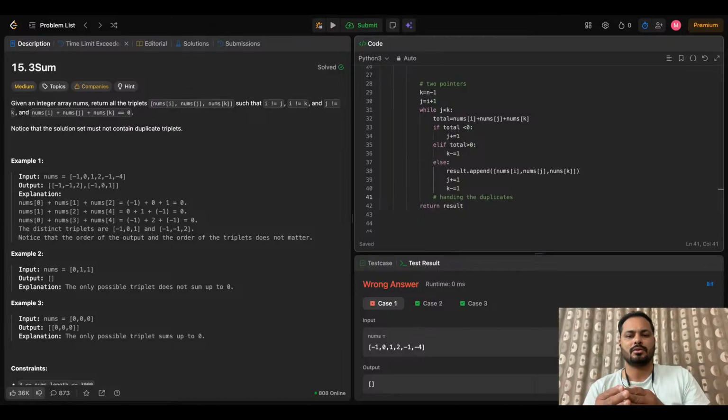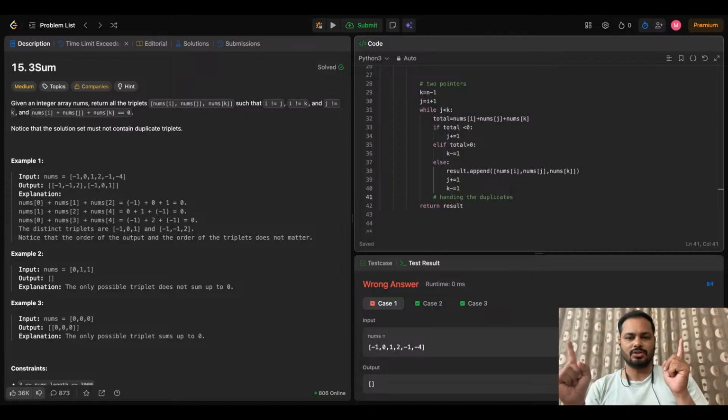And also if nums of k equals nums of k plus 1, it will do k minus equals 1. But j should be less than k in all the cases, because they are coming like this and they should not overlap, otherwise there will be repetition.